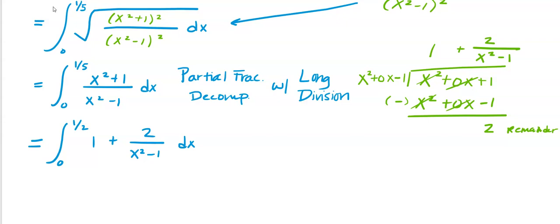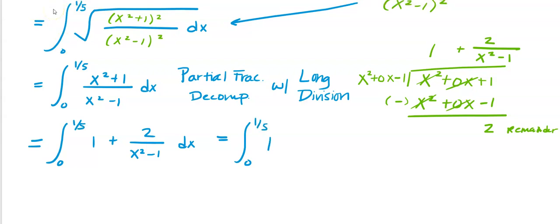Okay, but this x squared minus 1, that can be broken up. So we actually have to do a partial fraction decomposition on that. And that's where the partial fraction decomposition comes in. So I'm going to break this up into 2. I wrote that as a 1/2. That should be 1/5 for our bounds there. So 1/5, there we go.